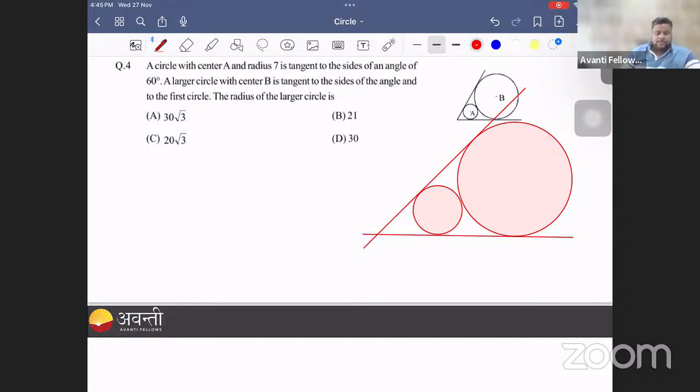Like this. Now they are saying this angle is 60 degree. Now this is 7 and this is something R. I will join these two.